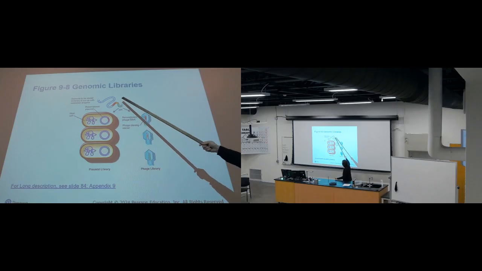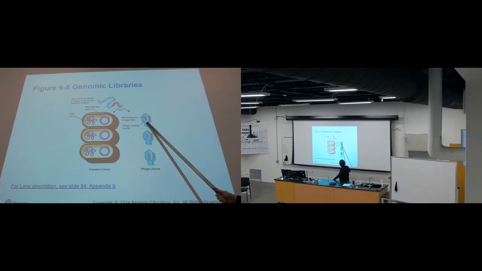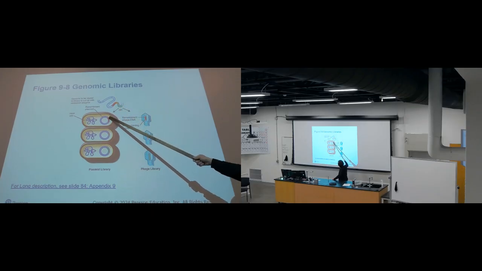So this is a genomic library. You will have this genome, in this case from this phage DNA, and you can have it as well from this recombinant DNA plasmid.